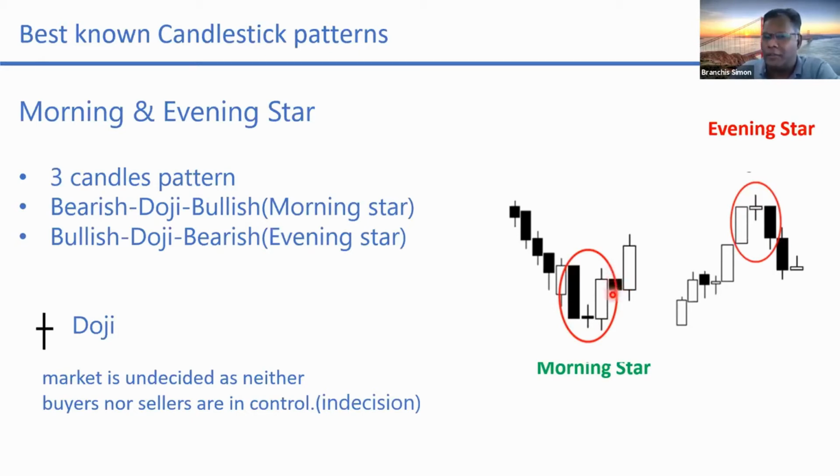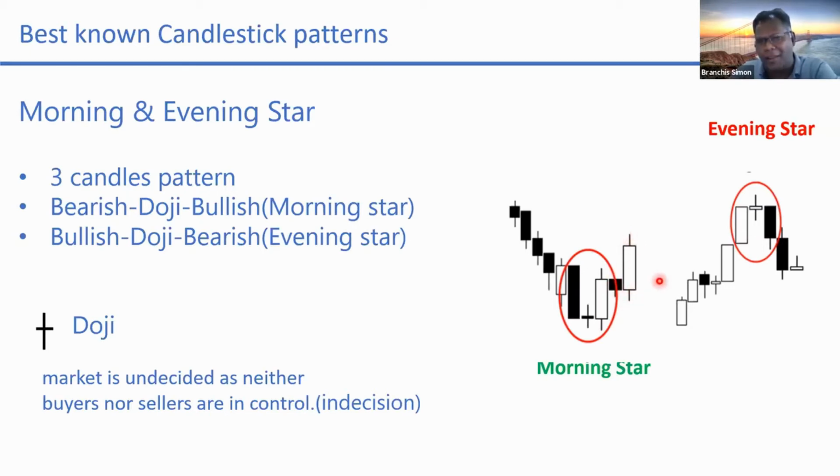But here you see the candle is bearish, but it's not big enough to engulf the previous candle. It's very small, so the market movement is very little. Probably the market is still not decided. And you look at the following day, again bullish.